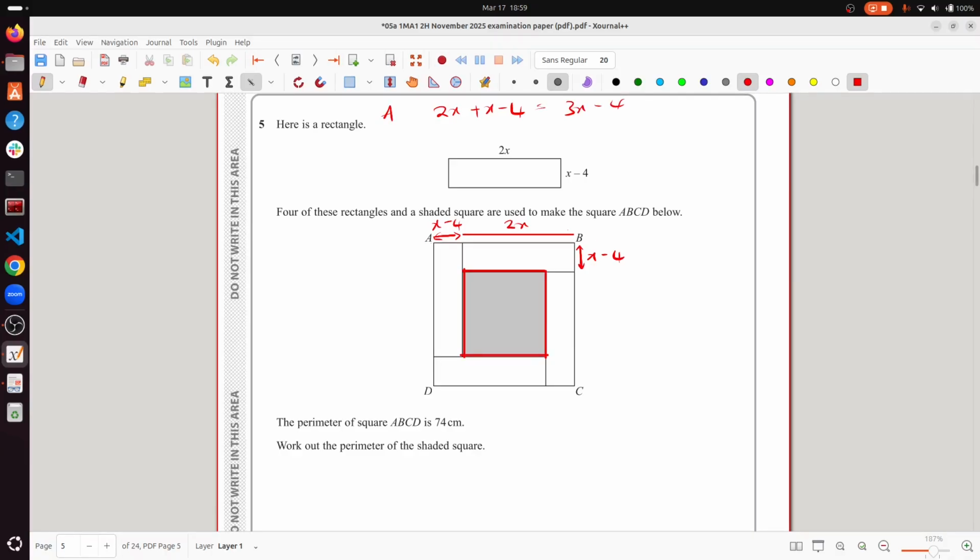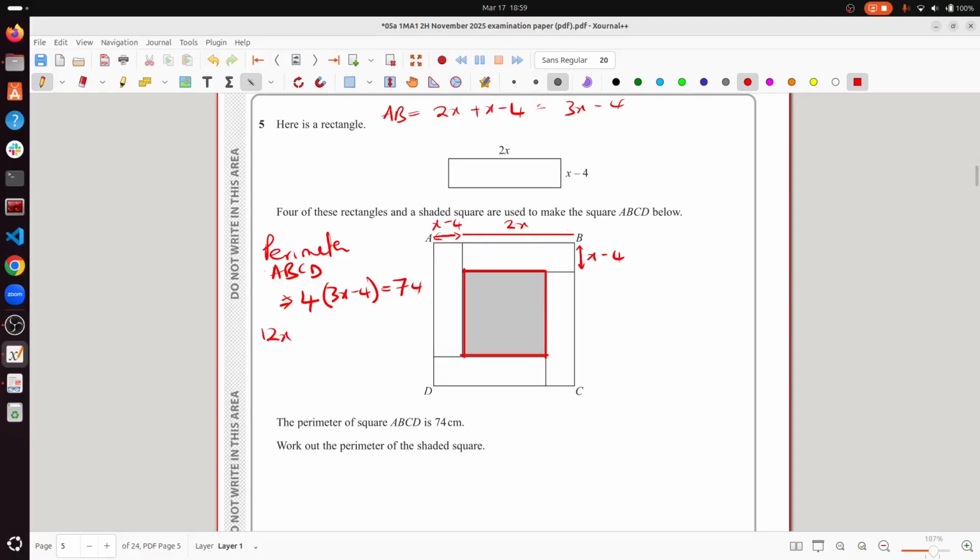That's A to B, of that length. That means the same thing as well. B to C is going to be the same length. So the perimeter of ABCD is equal to 4 times 3x minus 4, which should give me 74.